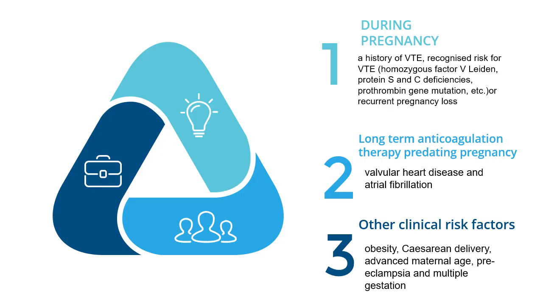There is also a group of patients who are already anticoagulated lifelong due to valvular heart disease and atrial fibrillation. So when they get pregnant, they still have to continue their anticoagulant to prevent valve thrombosis or any other thromboembolic complications.